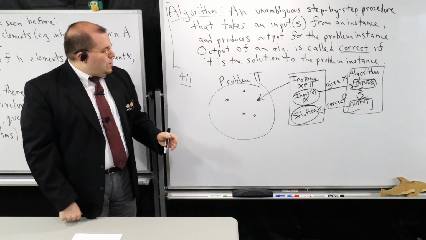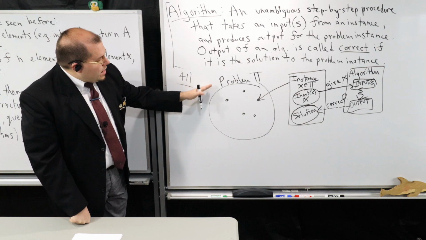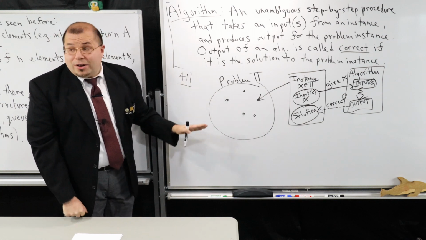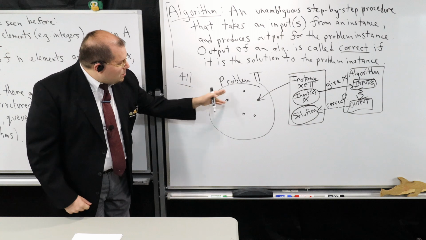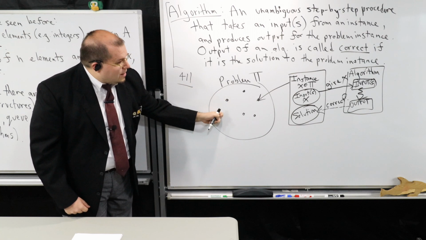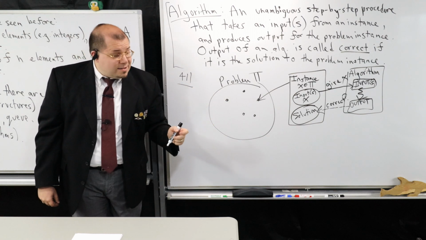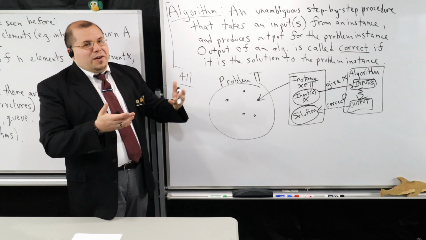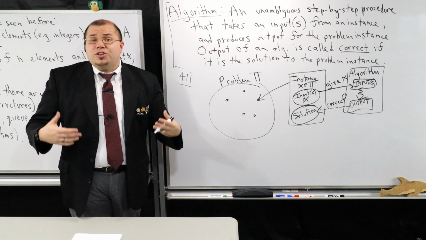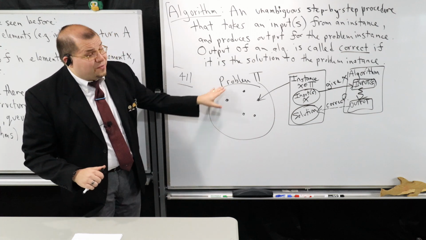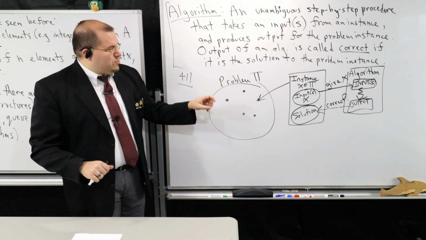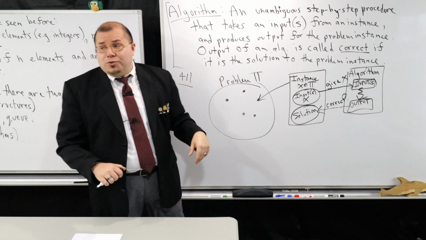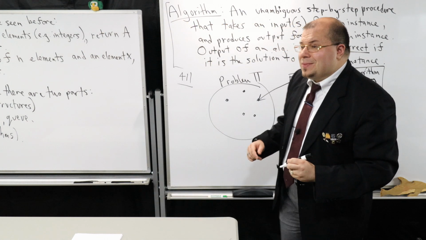Sure, I could explain it one more time. So I have a problem pi. This is the problem I'm interested in solving. It has problem instances. Remember, this is a collection of problem instances. That's what pi is. It could be a finite number, but typically for interesting problems, it is going to be infinite. There are going to be many, many, many in here, so many that you can never test all of them.